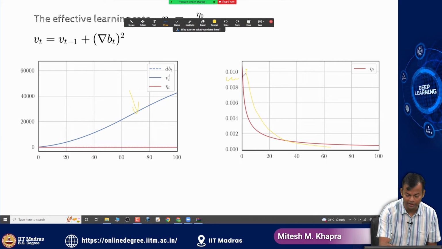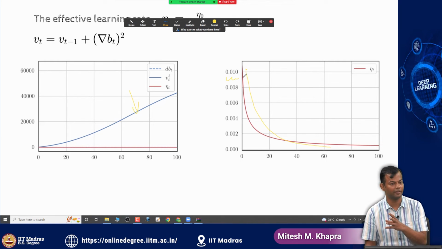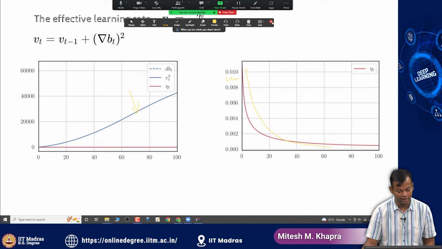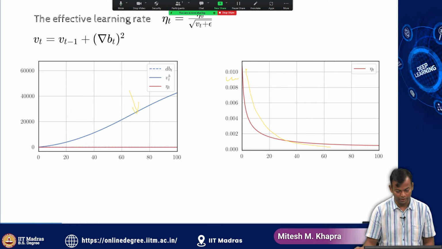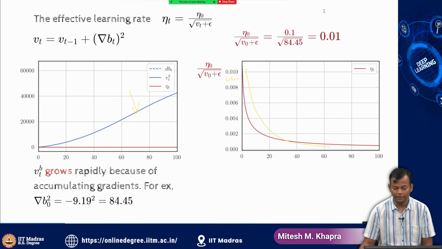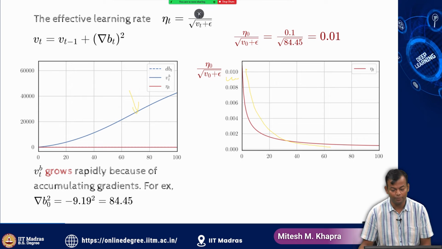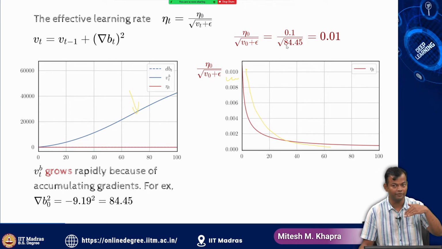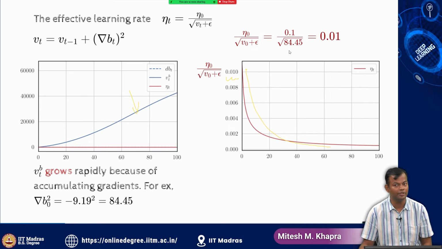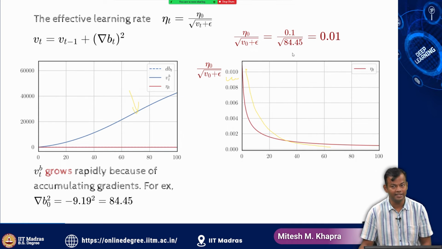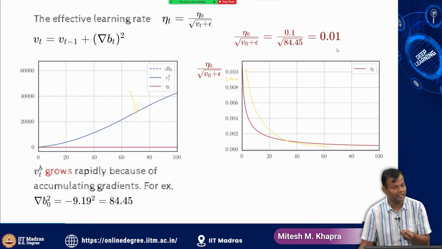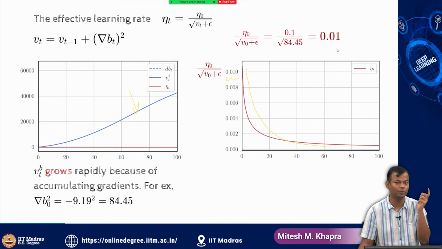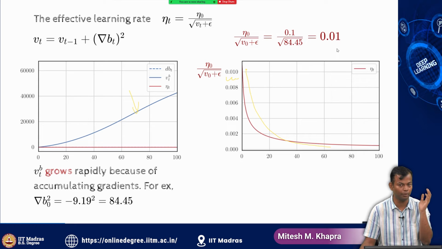Here notice that the learning rate starts off with a very small value, which is 0.010, right? And again I had initialized the learning rate to the same value, 0.1, but your initial gradients were high because B is a very dense feature. So your V0 itself was 84.45, right? And since that was high, your initial learning rate itself was small, and hence you are moving less aggressively in the direction of B as compared to gradient descent, Nesterov and momentum, right?